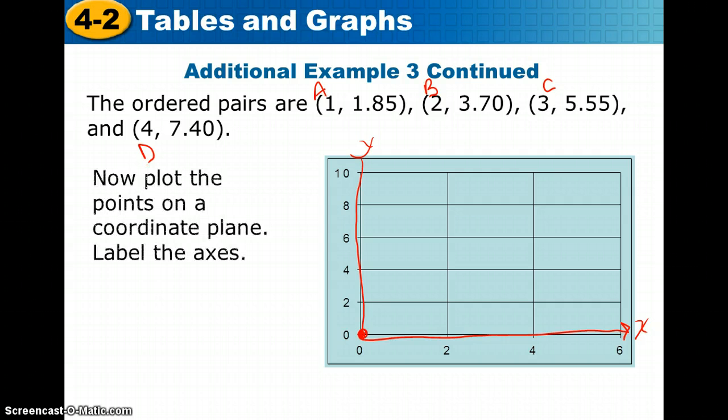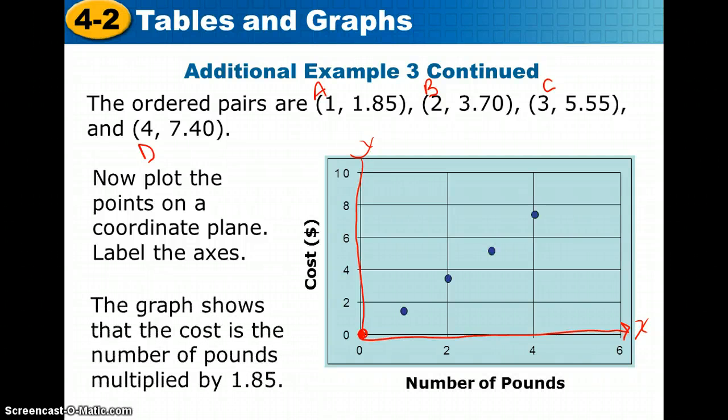All right, here they are. We're going to plot them. We have number of pounds was our x, and our cost was our y.